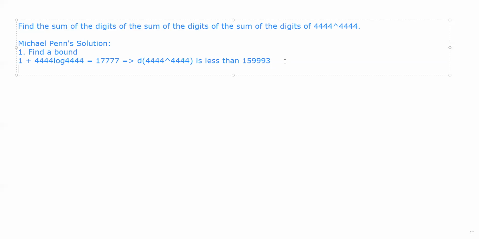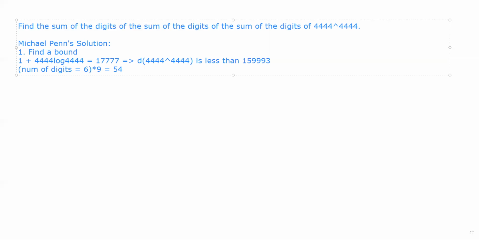Now he multiplied the number of digits, which is 6, I'm going to do the brackets here, by 9, which gives you 54.